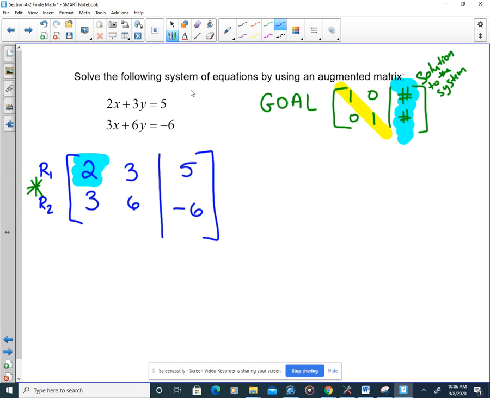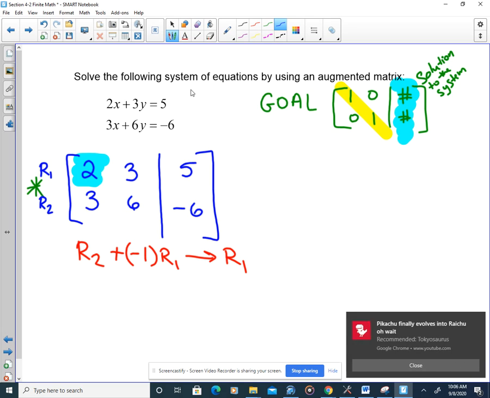So what we could do is we could take row 2, add it to -1 times row 1, and then replace row 1. So we're going to take -1 times row 1, and then add that to row 2, and then that's going to become our new row 1.